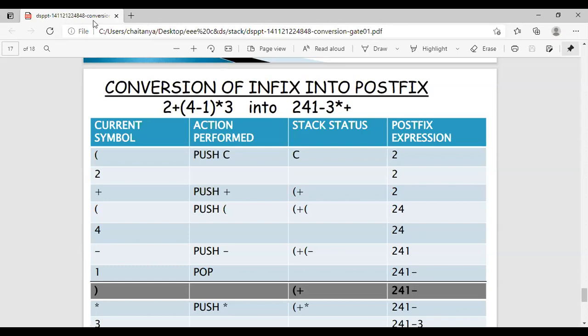First we will study the conversion of infix to postfix. Any expression given in infix notation will be converted into postfix first. We will study the algorithm and also the program related to infix to postfix conversion in this class. Okay.